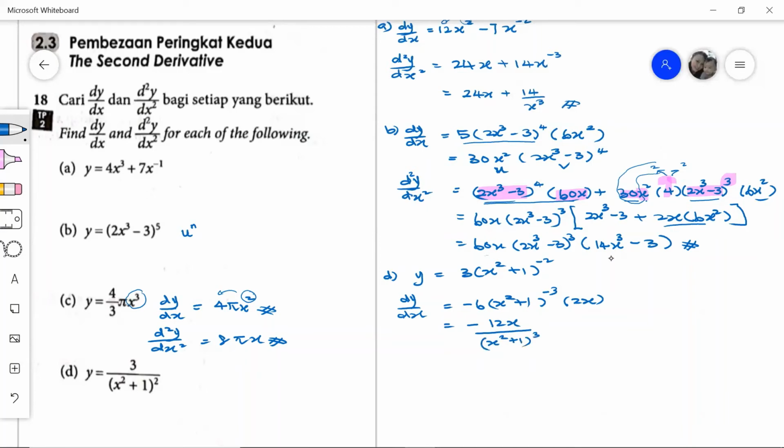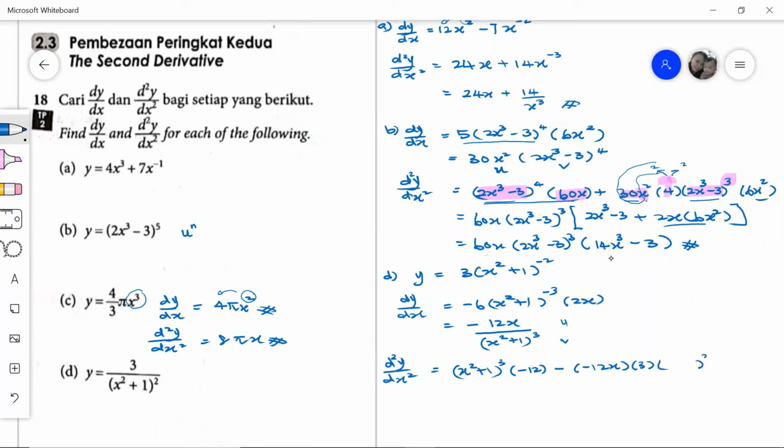Now this one, when we do the second derivative, we need to apply the quotient rule. So this is u, this is v. So stay v, differentiate the u: x squared plus 1 cubed, differentiate the u, so we have -12, minus stay u, do v. So -12x, differentiate the v, bring down the power.